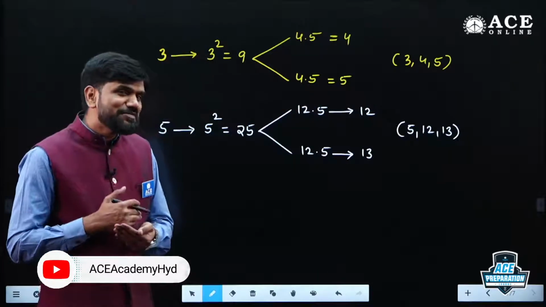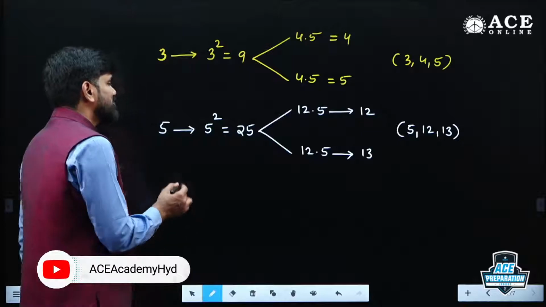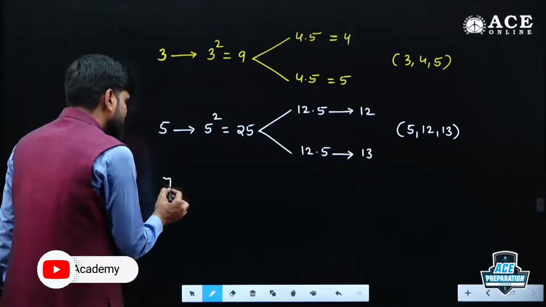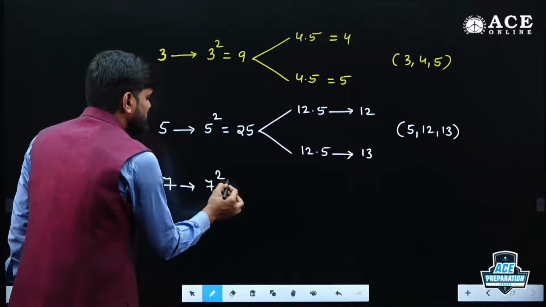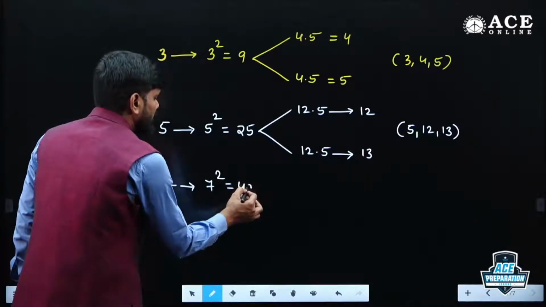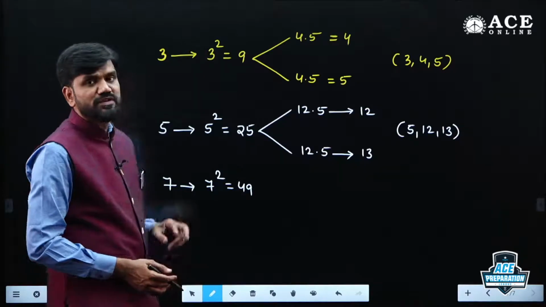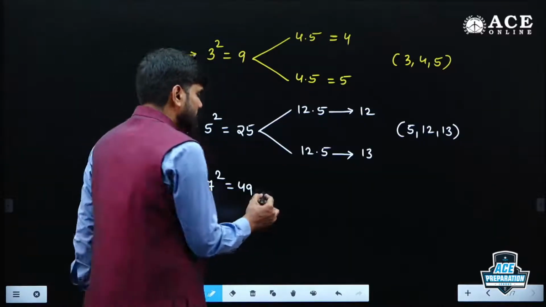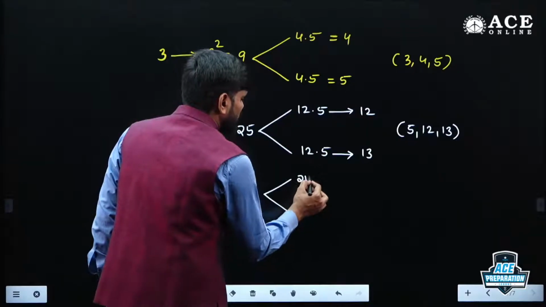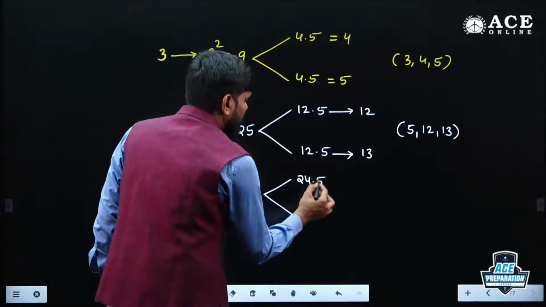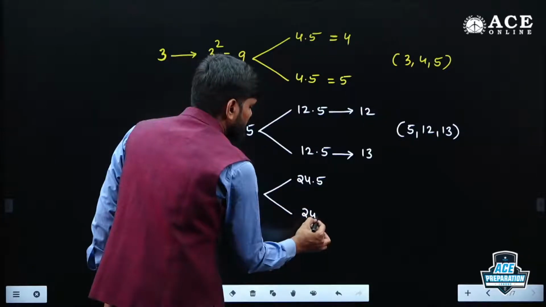What is the next prime number? The next prime number is 7. 7 square we know is nothing but 49. Take half of that 49. That will give you how much, dear? Half of 49 will be 24.5 and 24.5.